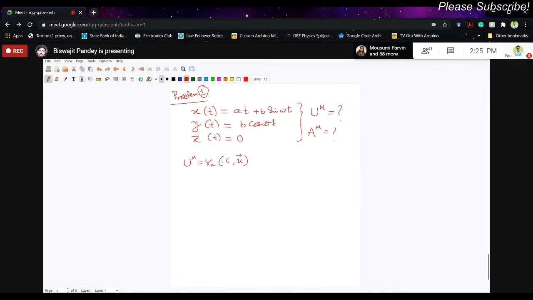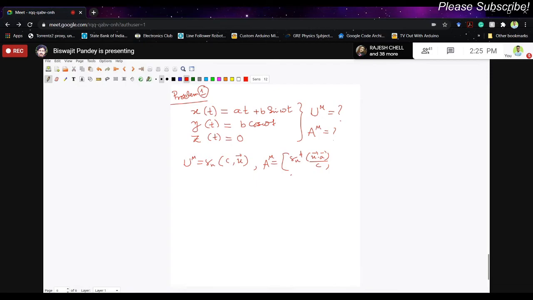And also calculate a^mu. What is a^mu? It is again gamma_u to the power 4 times (u dot a)/c, and so on. What is u? What is the three acceleration? Then take the dot product and simplify that.